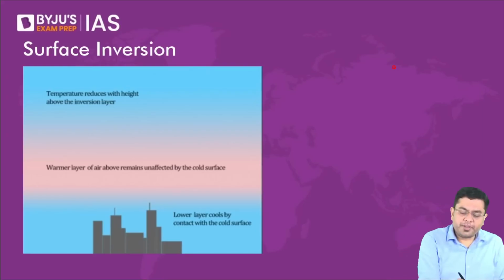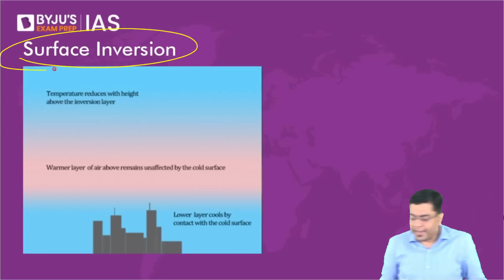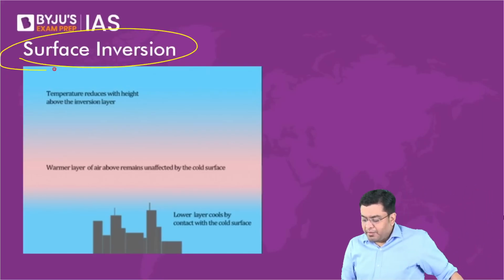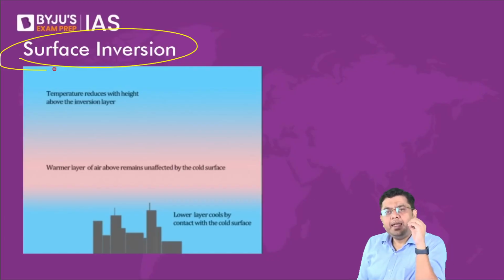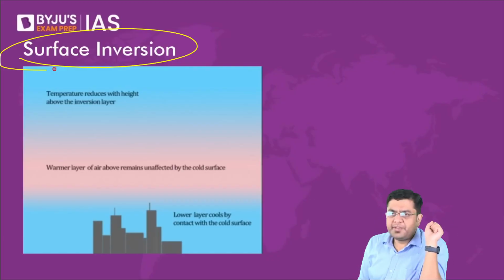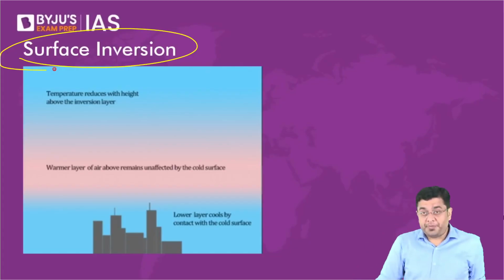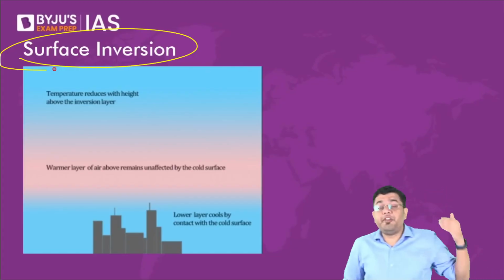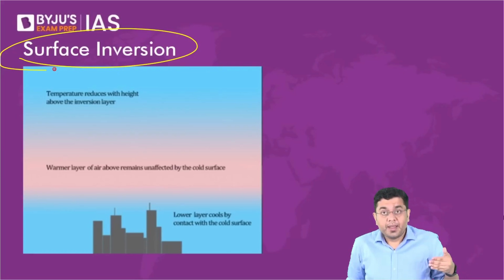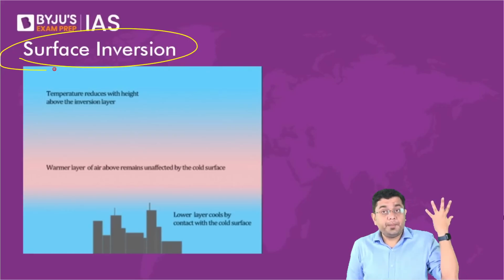So, first of all, we talk about the surface inversion. When we say surface inversion, it is basically something to do with some property of the surface, and the conditions attained at the surface, isn't it? This is basically observed in the region where the surface becomes very cold suddenly. And when will that happen? When the surface loses heat continuously.